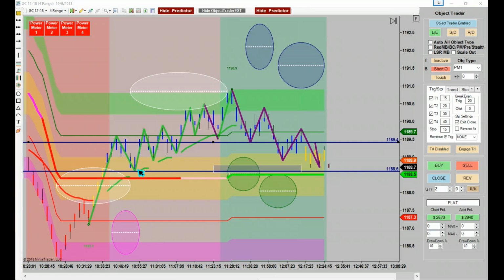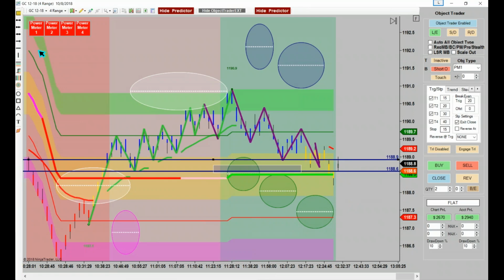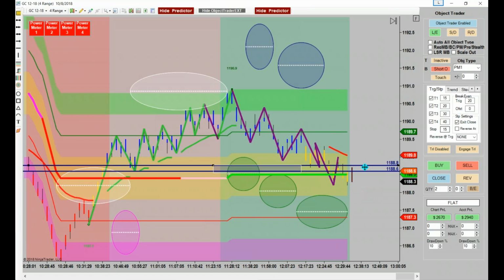Mid-band thrust retrace trades are great, aren't they? There's your low, right at mid-band. Okay, there's a low candle. If it takes this out, it'll change the power meter. Not yet though, right? Now if it takes this out, it'll change the power meter.